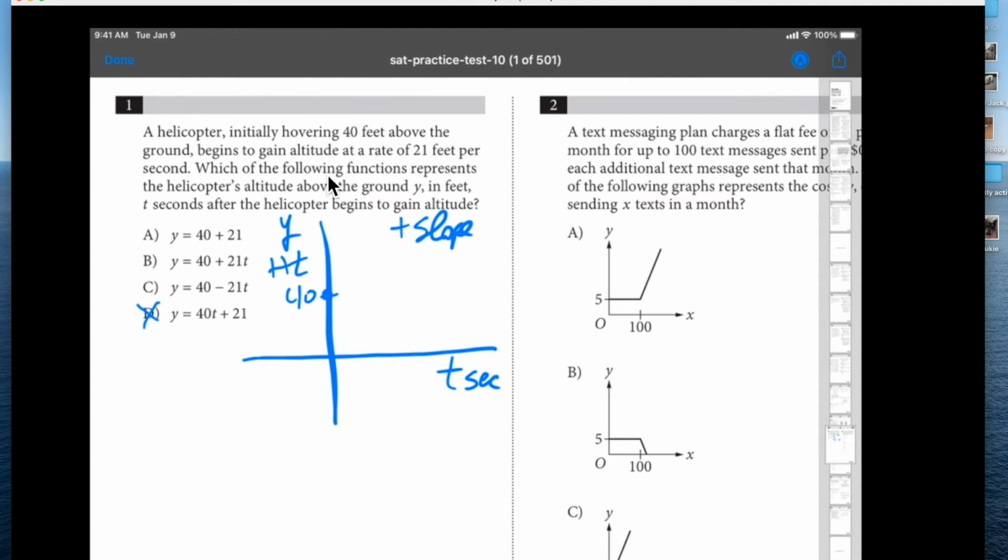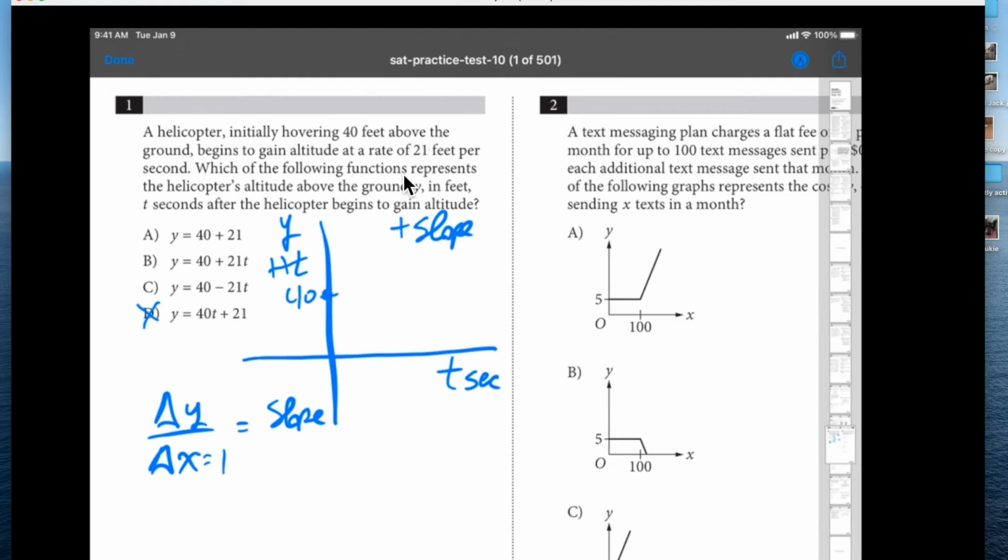What else did they tell us? Gaining altitude, okay, that means positive slope, at a rate of 21 feet per 1 second. Anytime you have a change in y over a change in x of 1, you are dealing with the slope. This is the rise over the run with each change in 1 second.